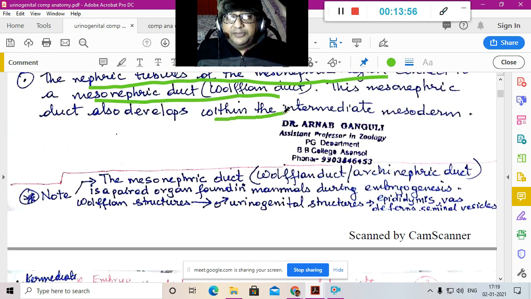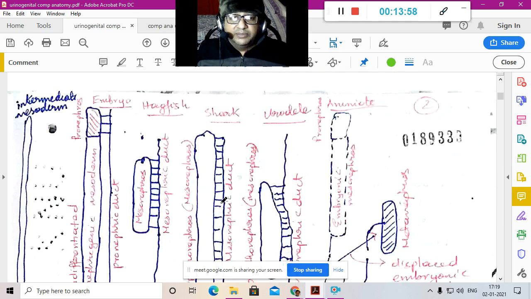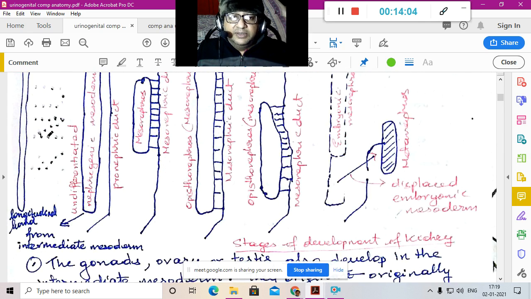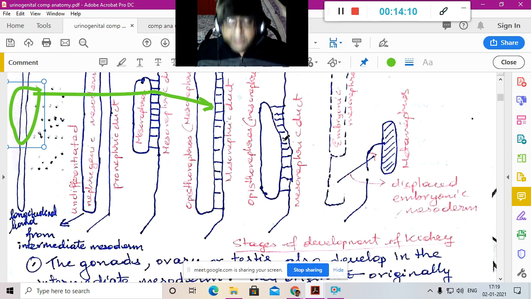This also develops within the intermediate mesoderm. So this long strip is all intermediate mesoderm. It develops this part over here, the mesonephric duct.